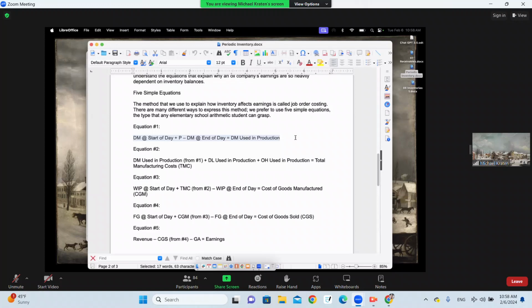And so it's sitting in the corner at the end of the day. I'm not going to use it today. Presumably, I will use it tomorrow. Okay, that's my explanation of equation one. Any questions about the equation?